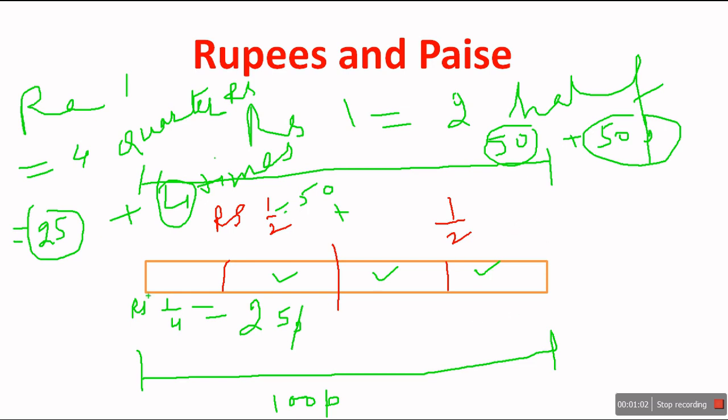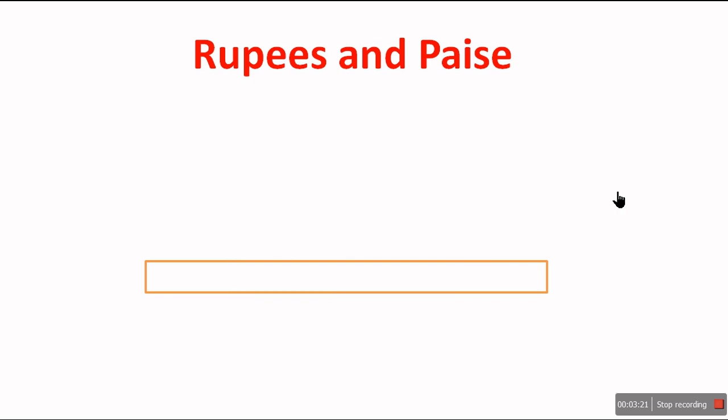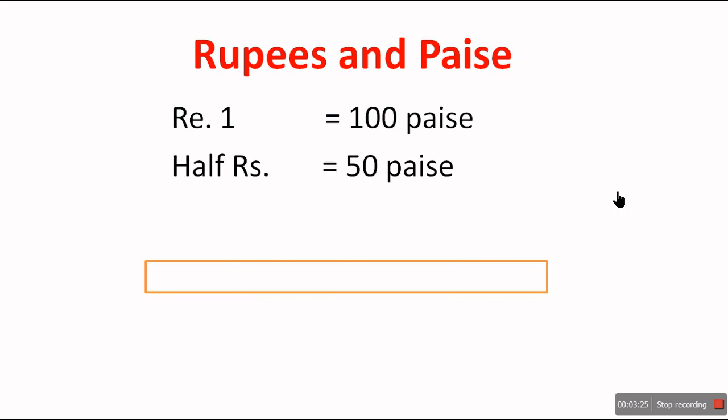And similarly 2 times 50 paisa. Okay, so I hope you understand this concept. Let us move next. 1 rupee is equal to 100 paisa. Half rupee is equal to 50 paisa. Quarter rupee is equal to 25 paisa.